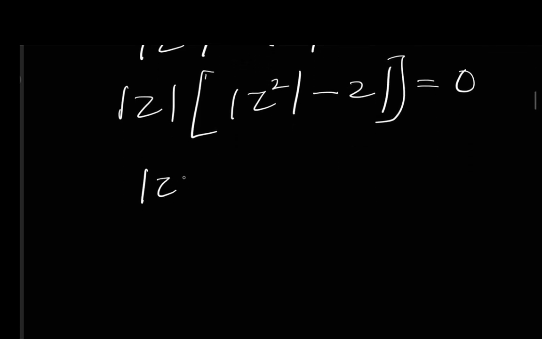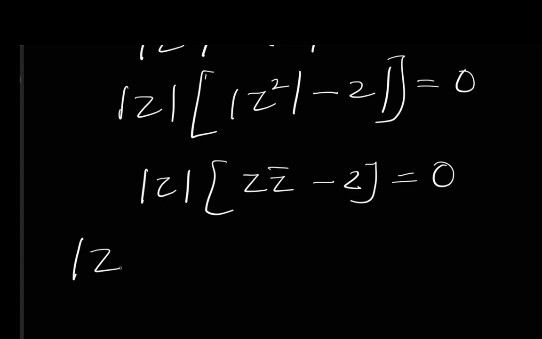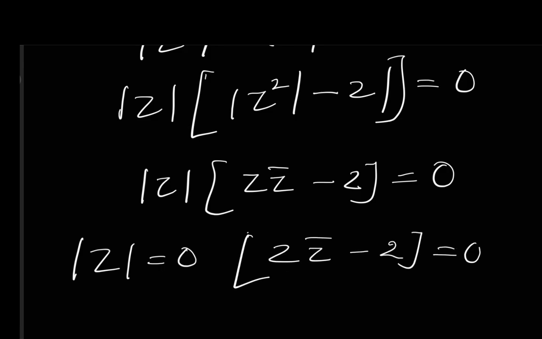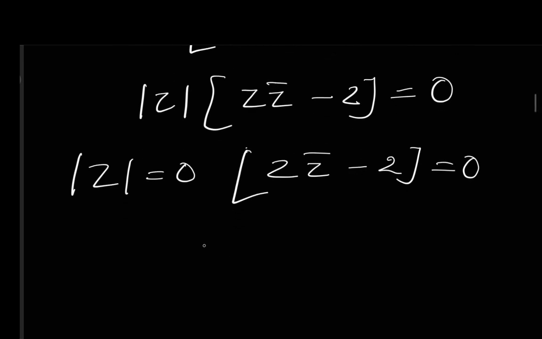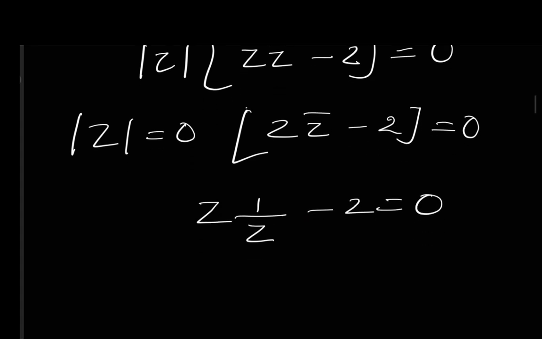So modulus z squared we can write as z z bar, minus 2 is equal to 0. So either modulus z equal to 0 or this z z bar minus 2 is equal to 0. So I take this z bar as 1 by z, minus 2 is equal to 0.